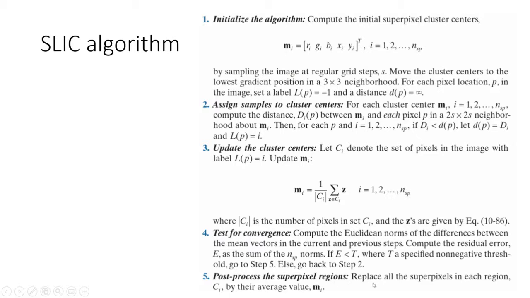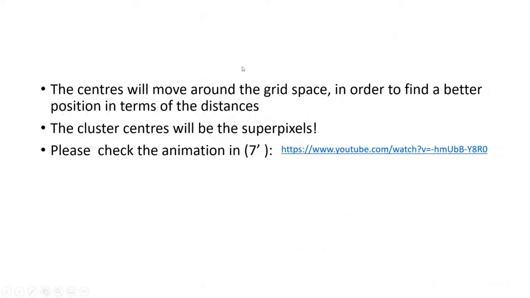In post-processing the superpixel region, we're going to replace all pixels in each region by their average value. So you're segmenting by taking similar pixels in the superpixel region that's been modified by this kind of localized k-means, and assigning it the average value of the center of the region, right? So basically the centers will move around the grid space in order to find a better position in terms of the distances. Cluster centers will be the superpixels.